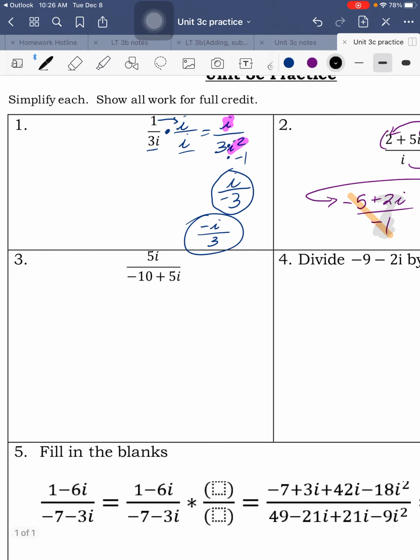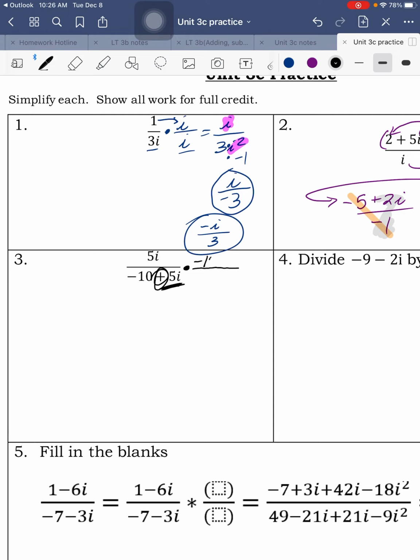We have a binomial denominator, 2 terms. It's -10 is one term, and then 5i is another. It's joined by a plus. When you have a binomial denominator, we're going to need to multiply by the conjugate of it. So that's changing the sign of the middle. A lot of times we'll say change the sign of the imaginary.